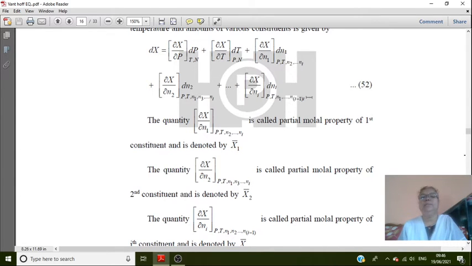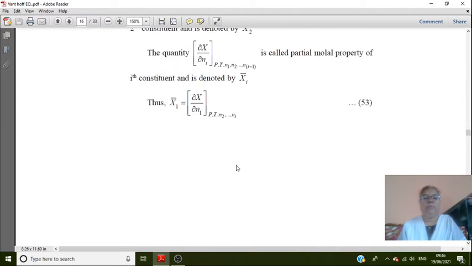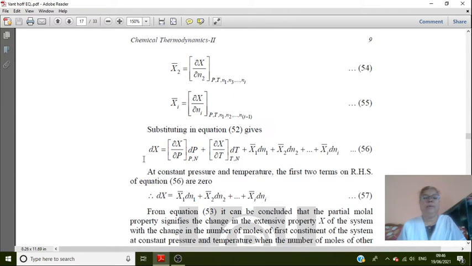Substituting in equation 52, we can write dX is equal to ∂X/∂P into dP at constant temperature and number of moles, plus ∂X/∂T into dT at constant pressure and number of moles, plus X1 bar into dn1 plus X2 bar into dn2 plus and so on, plus Xi bar into dni.